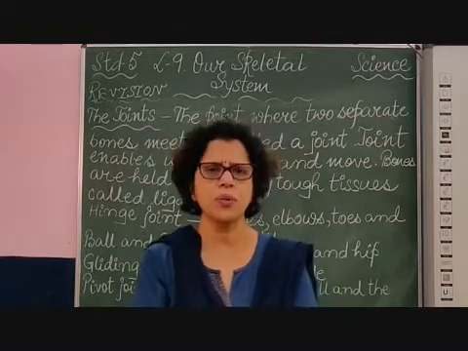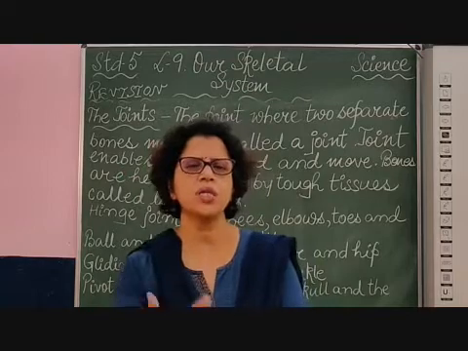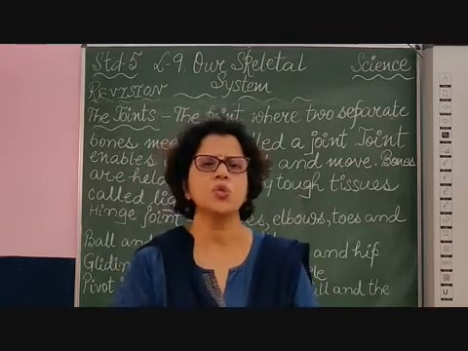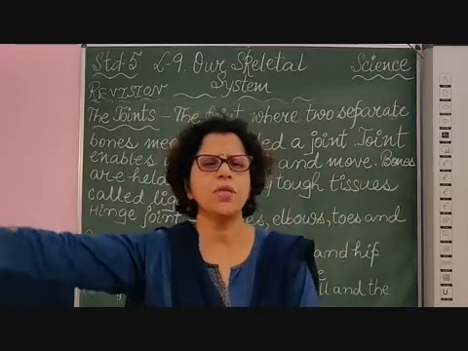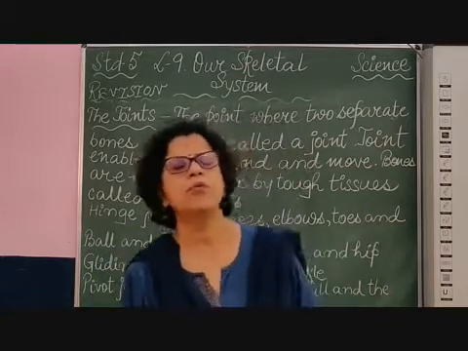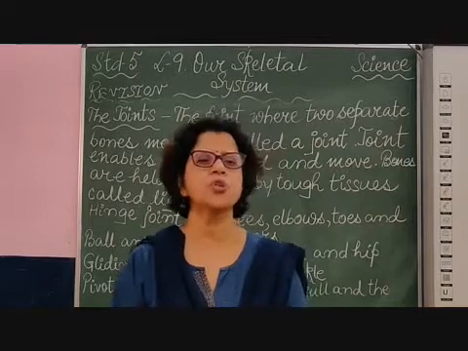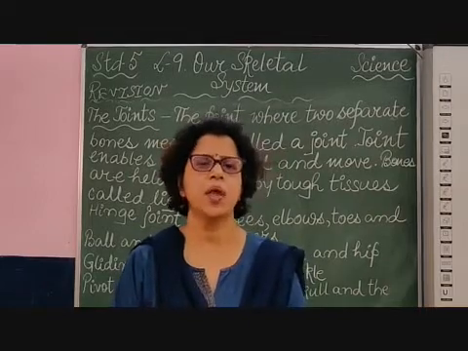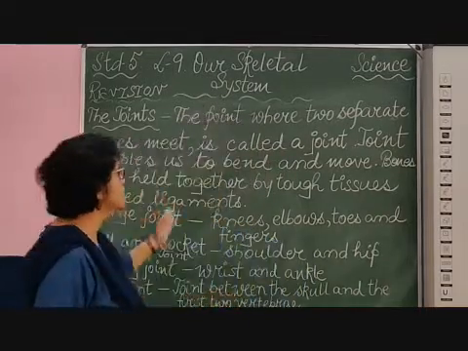It was not possible. Because our body is made up of different bones, we can do different types of movements. We can move our arms, our legs, our hips, our shoulder in this way. So joints are very important.